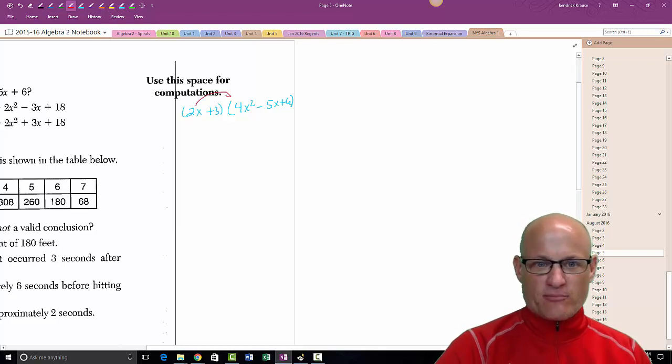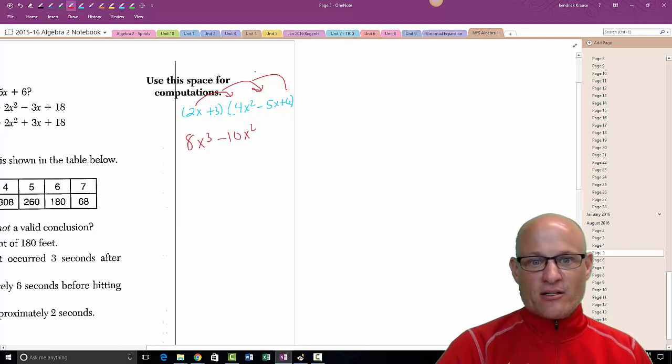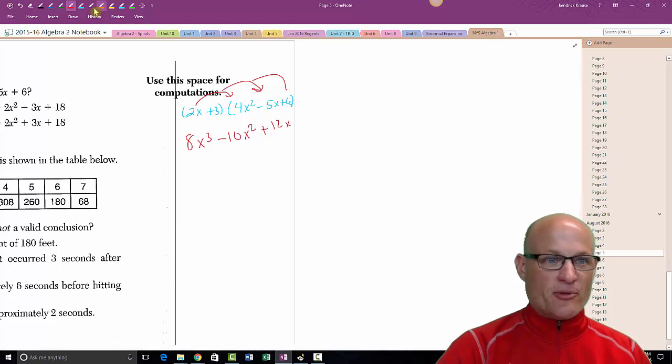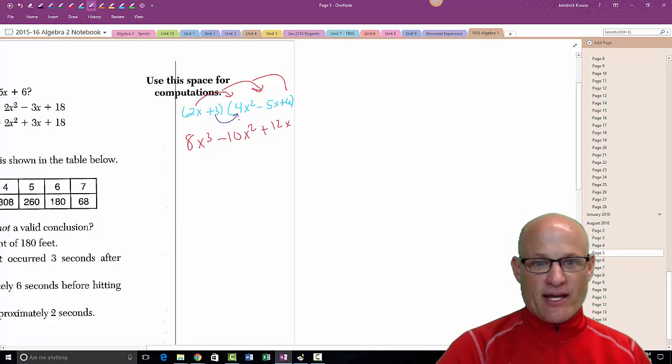We're going to double distribute. Ka-jam, ka-jam. So 8x cubed minus 10x squared plus 12x. Now, we're not done. We still have to distribute this thing. 3 times that is plus 12x squared. 3 times negative 5 is negative 15x plus 18.